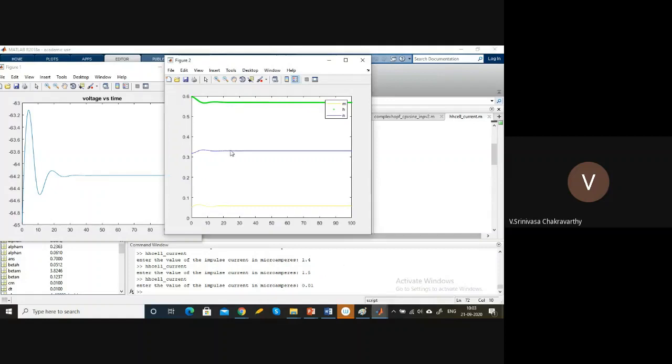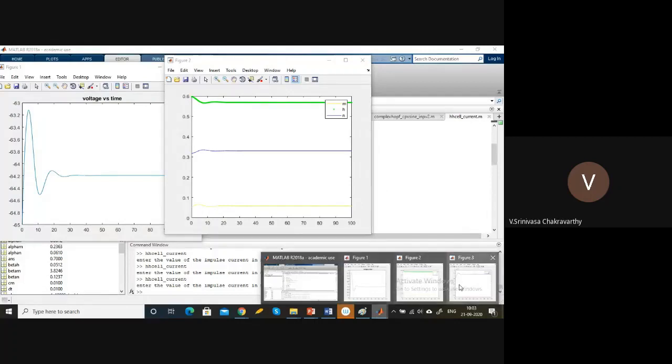Now, this plot shows the 3 gating variables, M, H, and N. In the Hodgkin-Huxley model you have only 4 variables: V is the voltage and 3 gating variables, M, H, and N. There is a little ripple in the beginning, and after that it remained flat. So nothing much is happening.